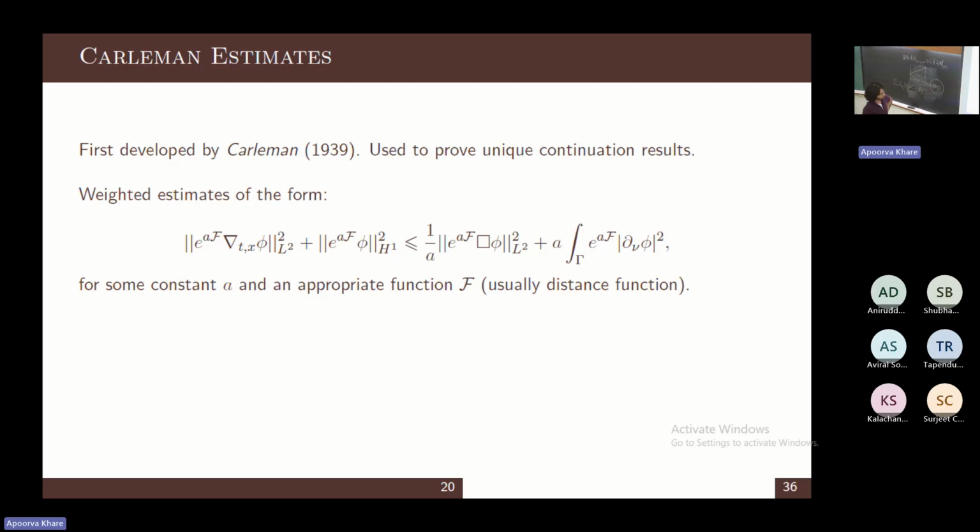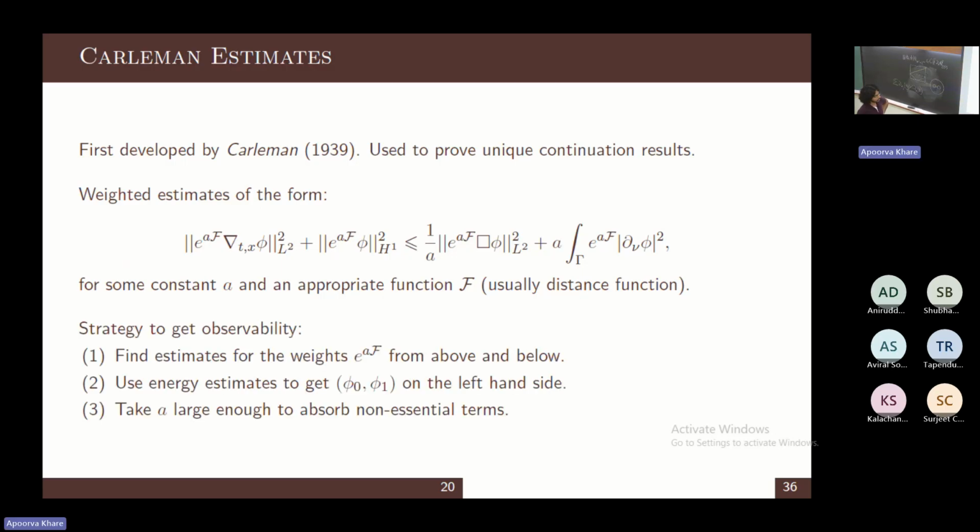So what is the method to go from the Carleman estimate to the observability estimate? What you do is you find some estimates for the weights e^(λφ). Once you have found the estimates for the weights, you can just ignore e^(λφ) from the whole equation. Then you use energy estimates to get φ0, φ1 on the left hand side. Once the e^(λφ) are removed, whatever you have is just the energy for the whole domain. Now if you use energy estimates, you can restrict the whole domain to just one time slice.